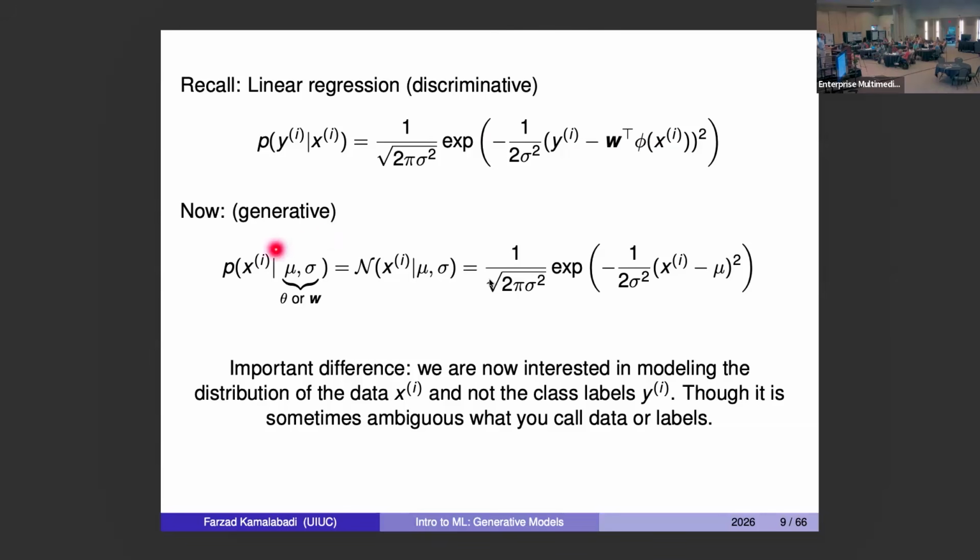What do we have? We have the likelihood changes form, it becomes probability of the data given which mean and which variance. So you have some data, and now your likelihood function is, well, if I am given some mean and variance, what is the probability that a particular data X will be generated from that particular sample Gaussian?